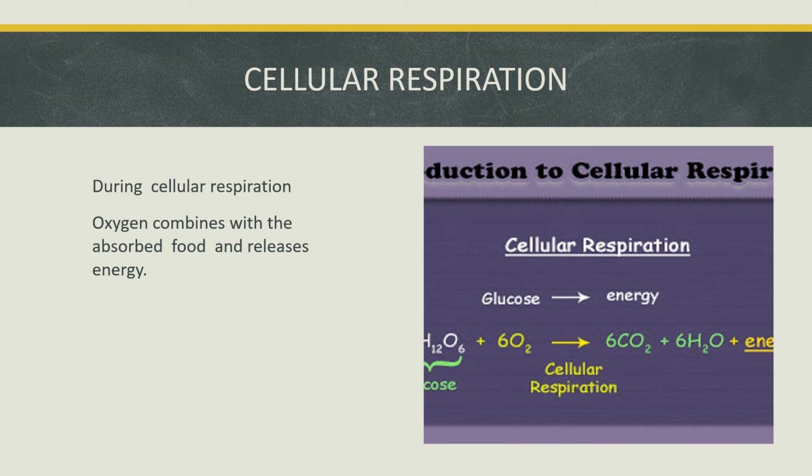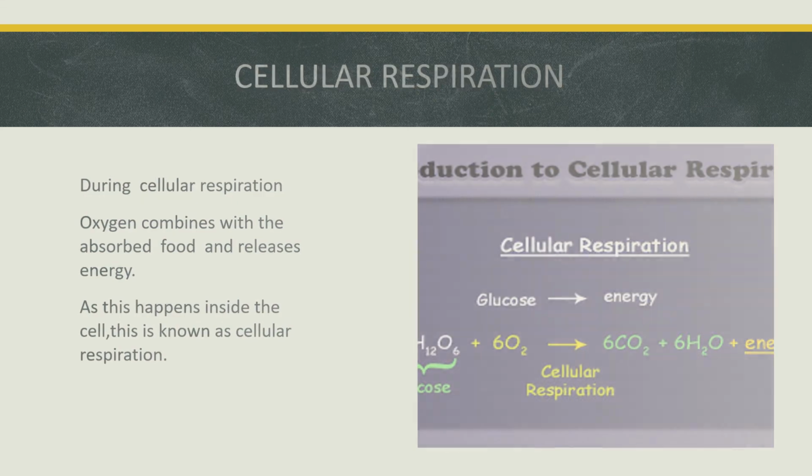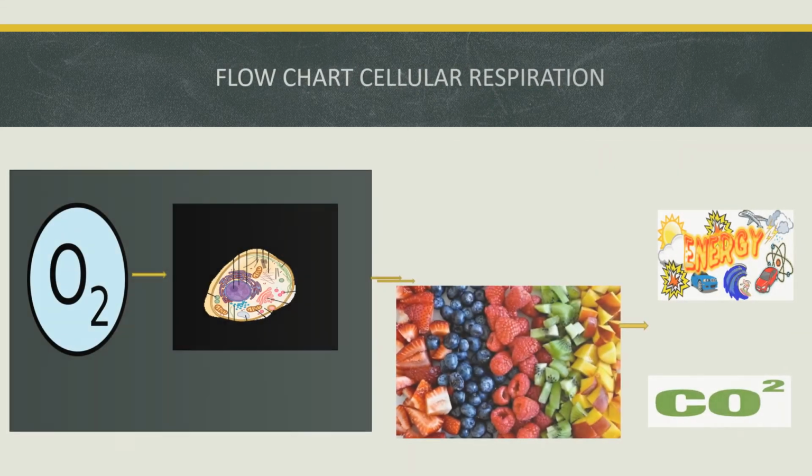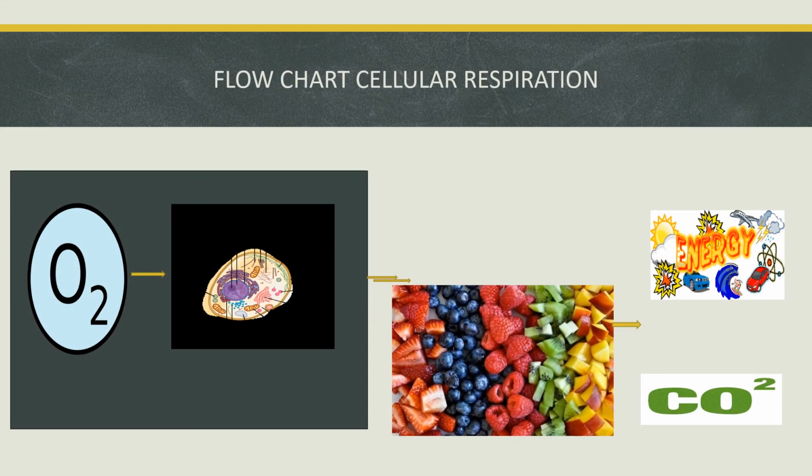During cellular respiration, oxygen combines with the absorbed food and releases energy. As this happens inside the cell, it is known as cellular respiration. Clear? Now, see the flowchart of cellular respiration.